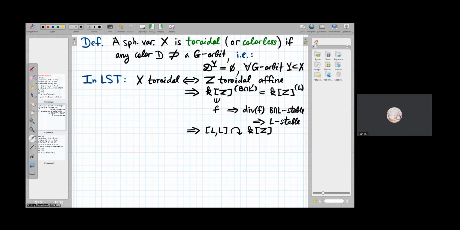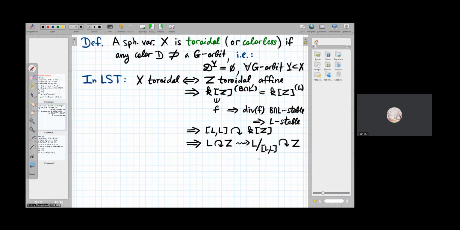And this in turn implies that it acts trivially on Z itself, because Z is an affine variety, and an affine variety is completely determined by its coordinate algebra. So this implies that the action of L on Z goes through the action of the quotient subgroup, L over the derived subgroup of L. So actually L acts on Z via this quotient subgroup.